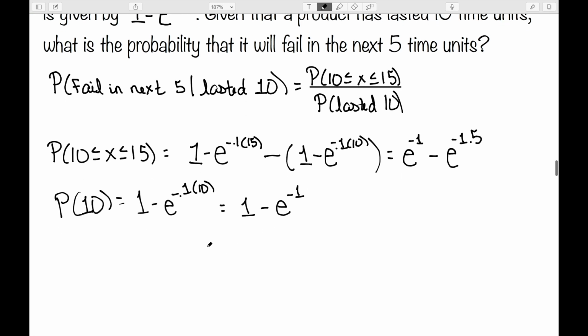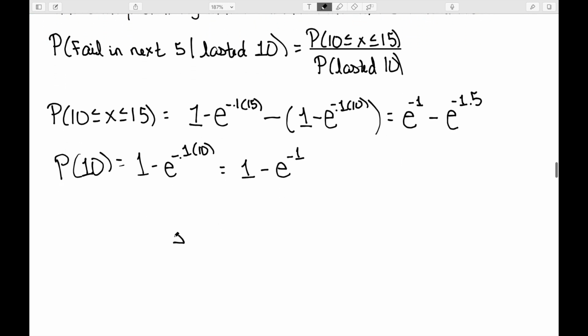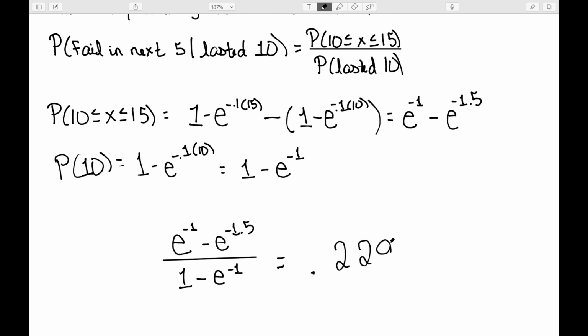So now we need to divide these: e to the negative 1 minus e to the negative 1.5 over 1 minus e to the negative 1. And if we work this out, we get approximately 0.229.